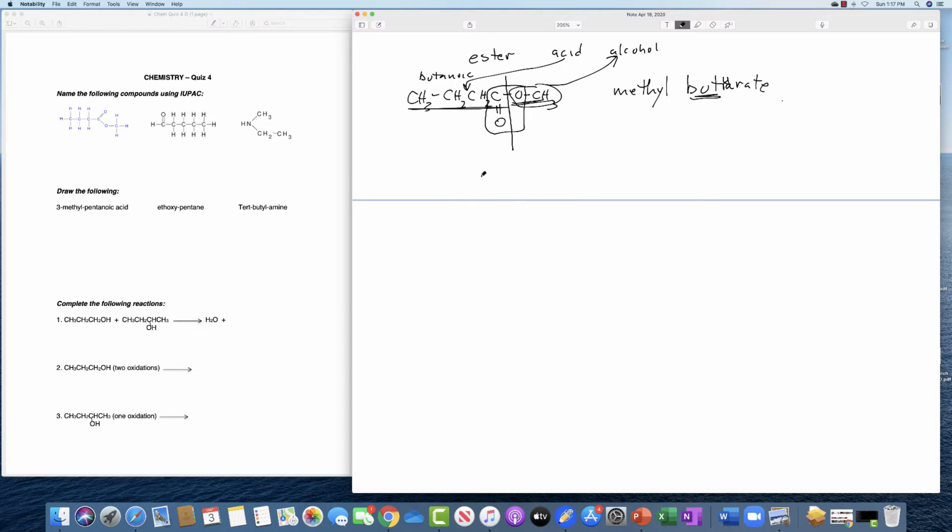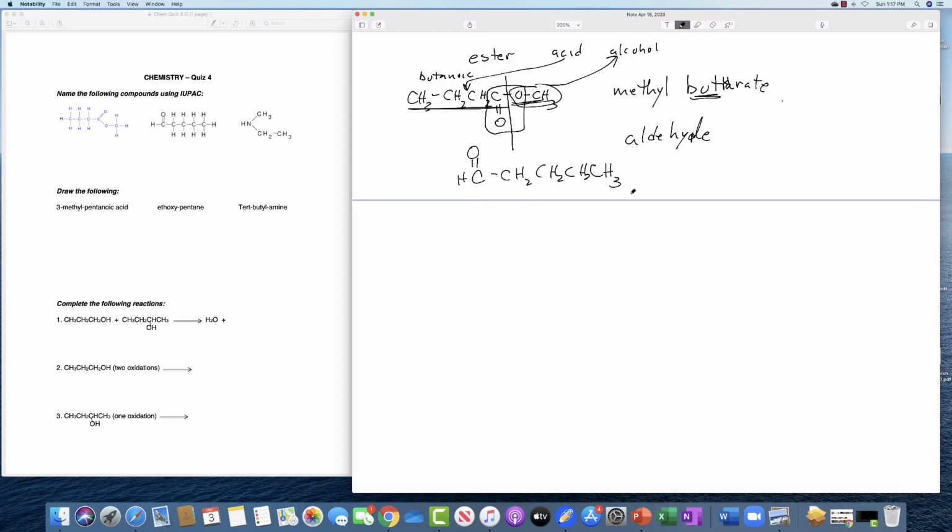This next one looks like this. I'm just copying it down again. This is the functional group that defines what this is. If it's on the end, it's an aldehyde.